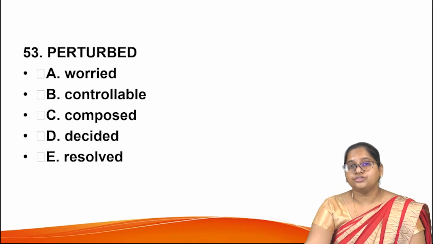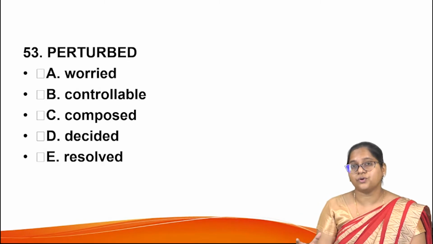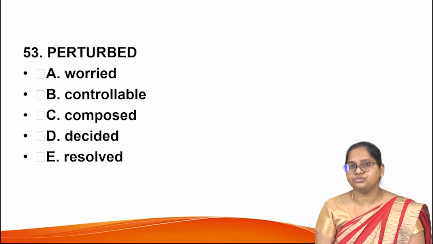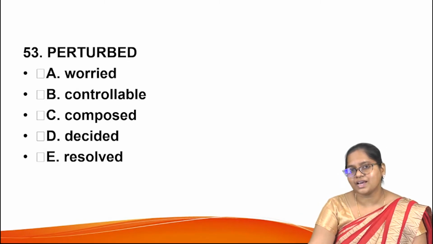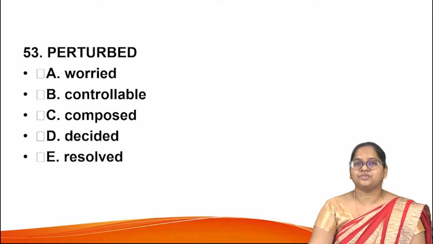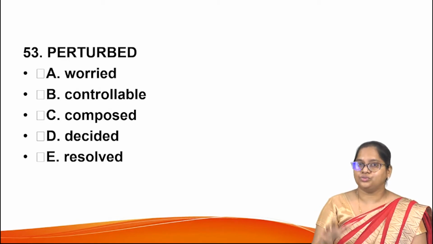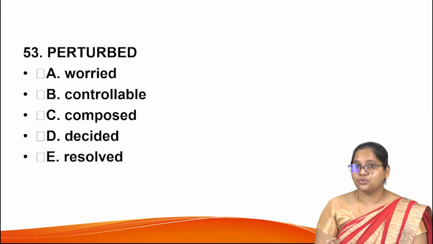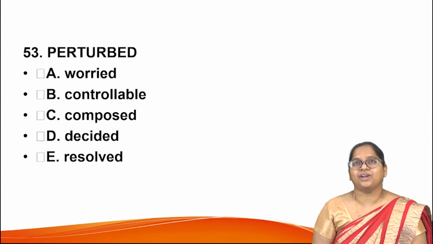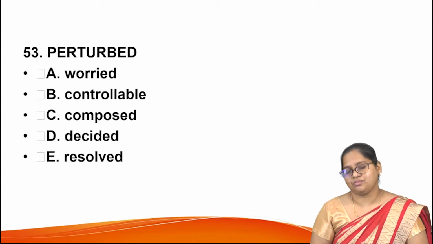Controllable means something which you can really control. Perturbed is being so disturbed and agitated within yourself and outside. So composed has composure and control.